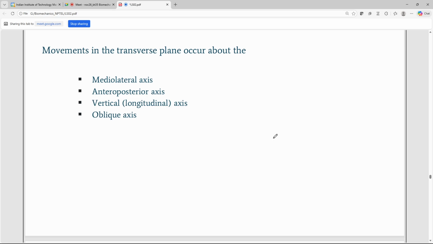Next question. Movements in the transverse plane occur about which of the following axes? Options are mediolateral axis, anterior posterior axis, vertical axis, oblique axis.